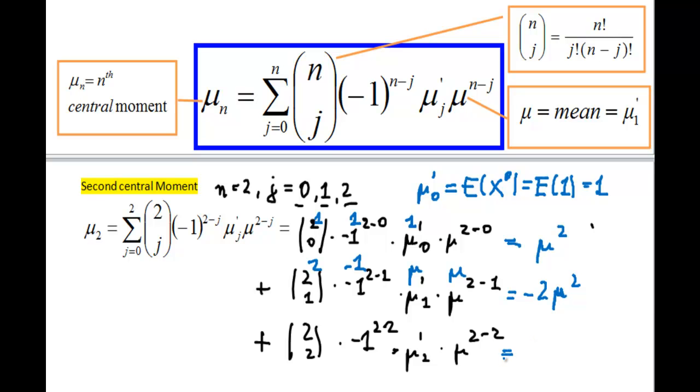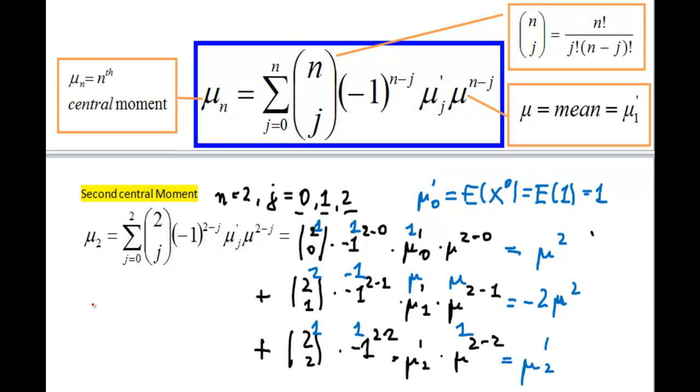Now the third term here: this happens to be 1, and this happens to be 1, because minus 1 to the power of 0 is 1. Here times mu prime 2, which is our second raw moment, times mu to the power of 0, which is 1. So from this expression we get mu prime 2.